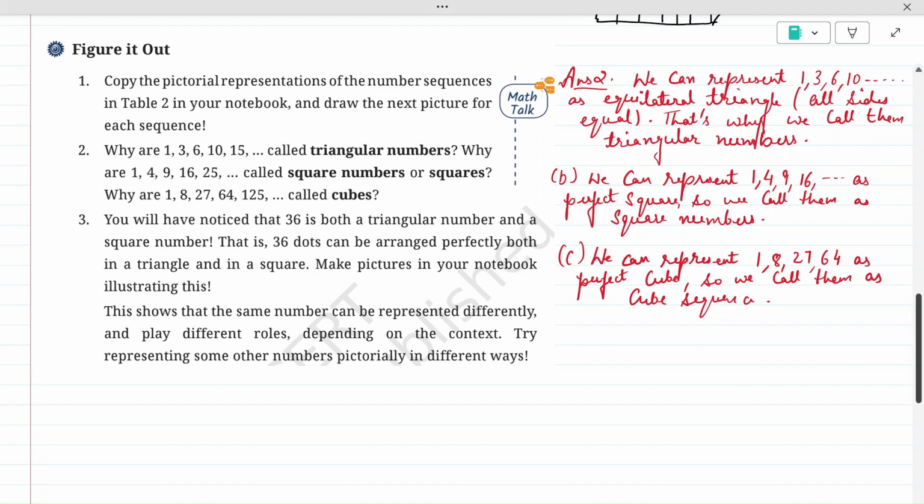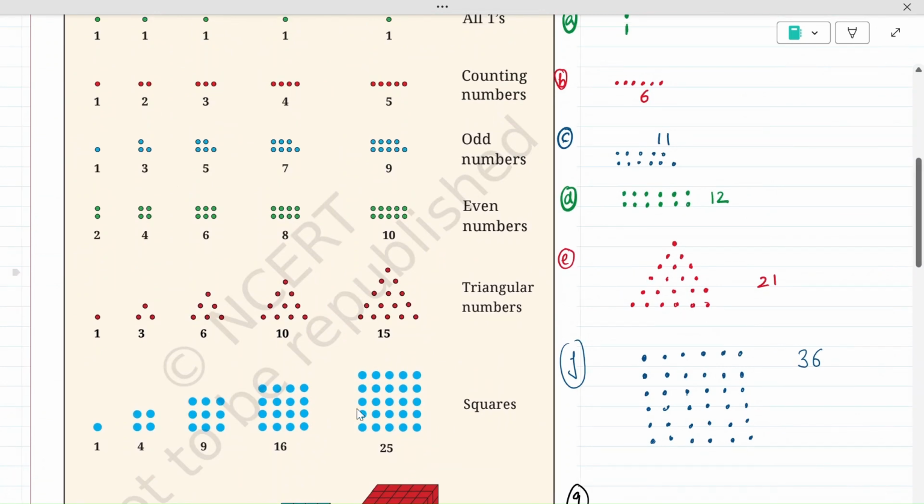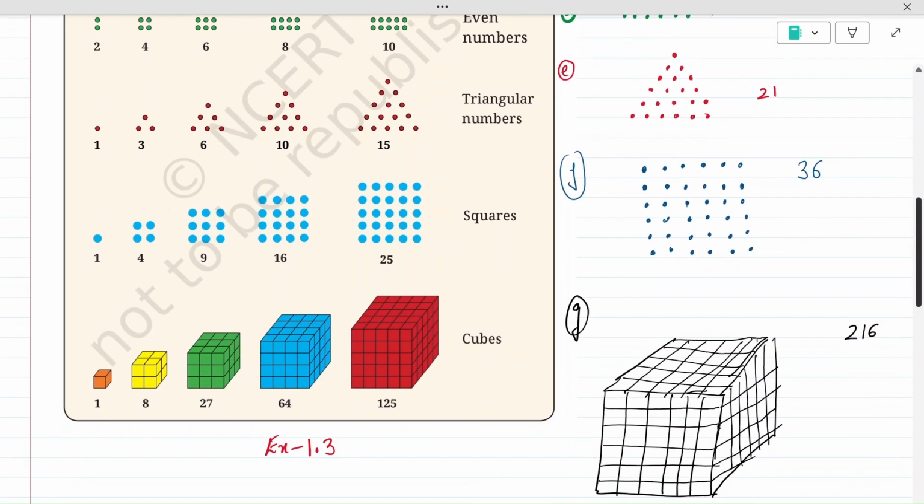For the square we have already done 36 squares. Now, in the case of triangular numbers, first let's see which position it will fall on. 15 plus 6 is 21, 21 plus 7 is 28, and 28 plus 8 is 36. So it will come at the 8th position.